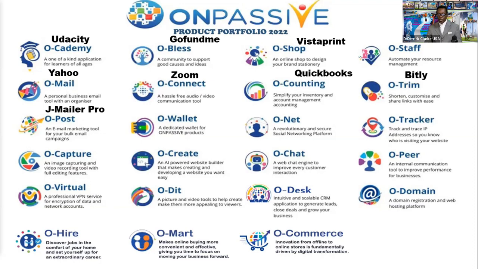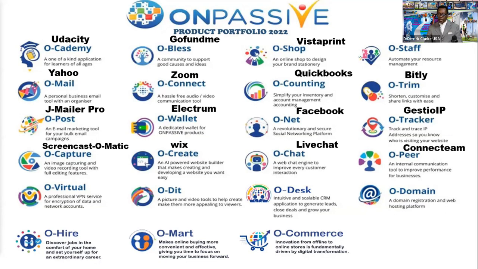Trim, Bitly, Post, Gmail Pro, Wallet, Electron, Net, Facebook, Tracker, Guesty IP, Capture, Screencast-O-Matic, sorry. Create would be like Wix. Chat would be like Live Chat, which is our chatbot. Peer is like Connect Stream, our communication tool.